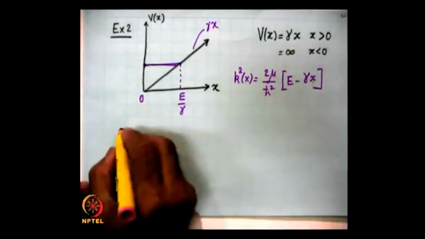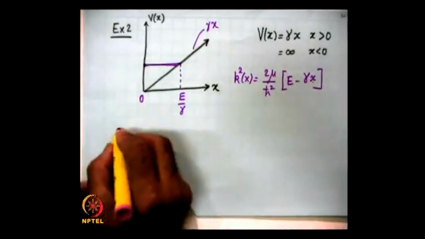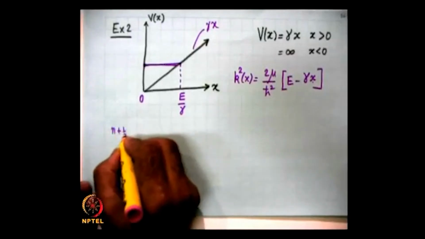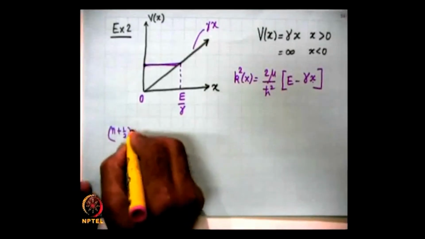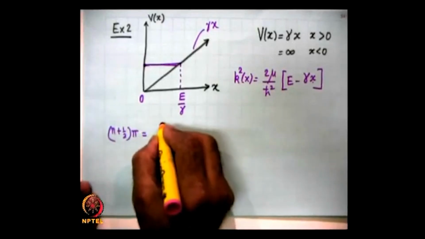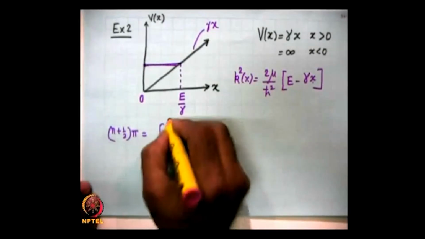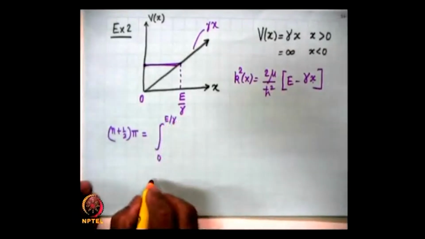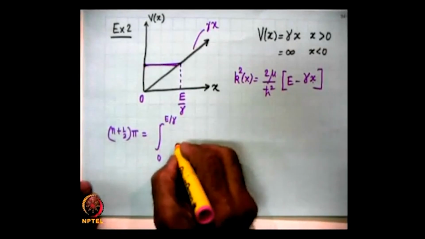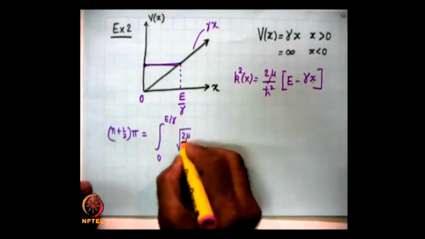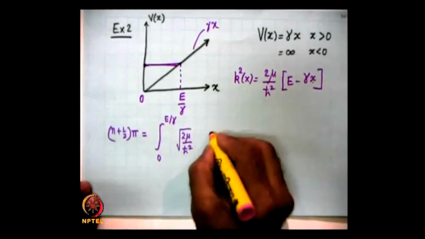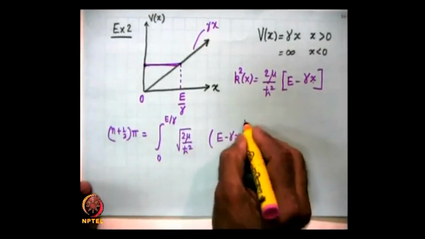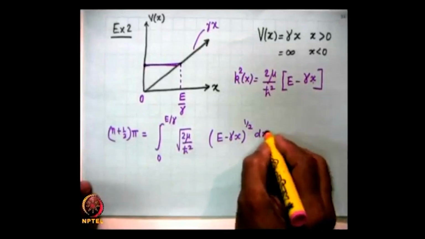This is very simple. So you have the integral of k of x equal to n plus half pi, between the two turning points, 0 to E by gamma, k of x, that is under root of 2 mu by h cross square, and then E minus gamma x raised to the power of half dx.